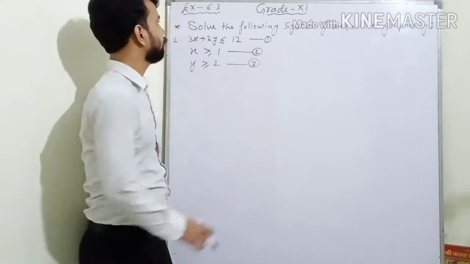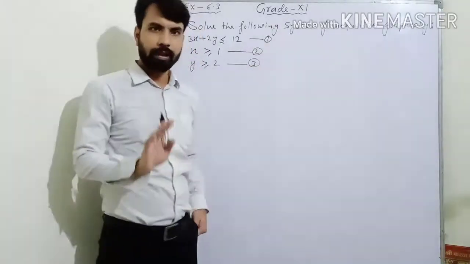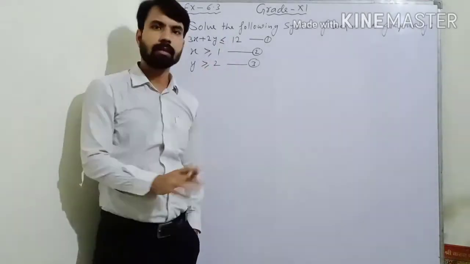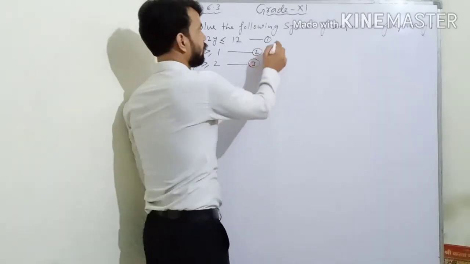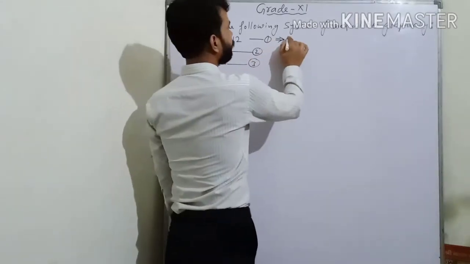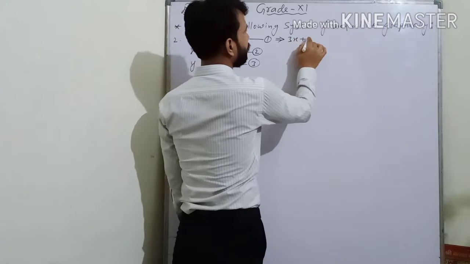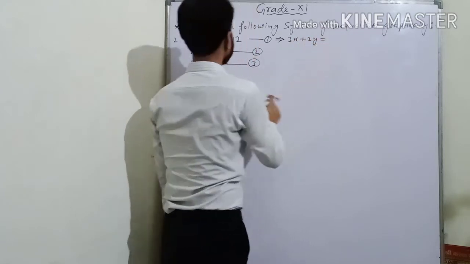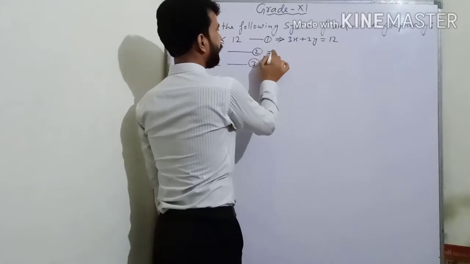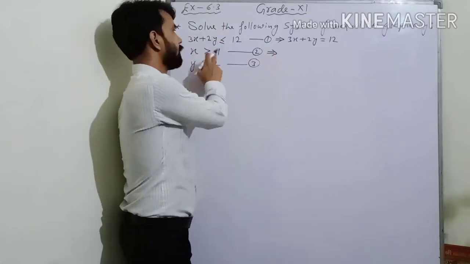Clear? So first of all, we will have to find the points. But for finding the points, we will have to convert these inequalities into linear equations. So from here, I am converting it. That is 3x plus 2y equals 12. From the second, x is greater than or equal to 1.